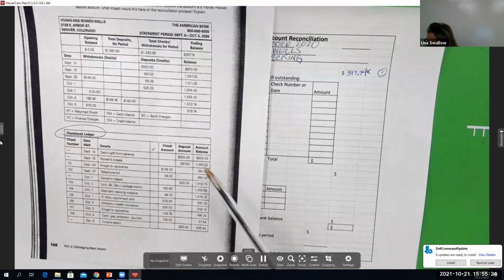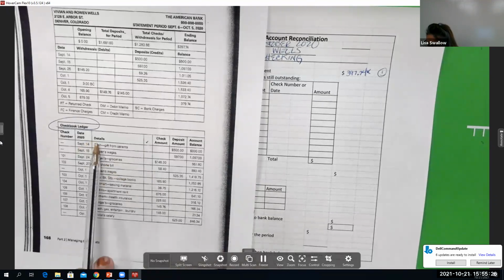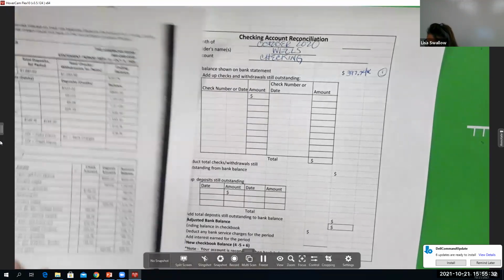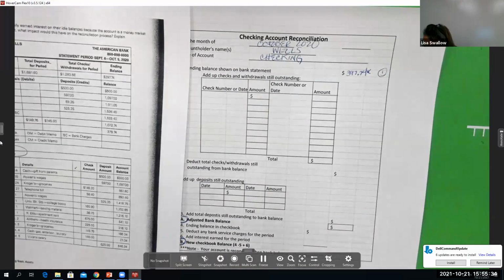Okay, so if you took a second and kind of looked at this, you can see it starts in September, all the transactions, and it looks like I think I have $646 and 34 cents. So that's the second number that I put in. So obviously the bank thinks I have a lot less than I think I have. And what we're going to do is reconcile those two amounts.